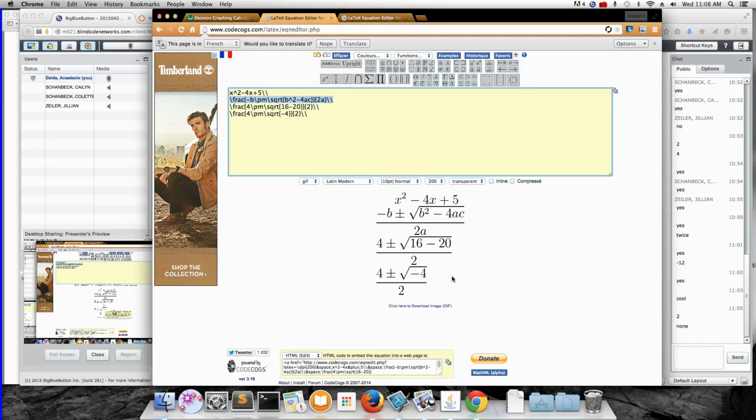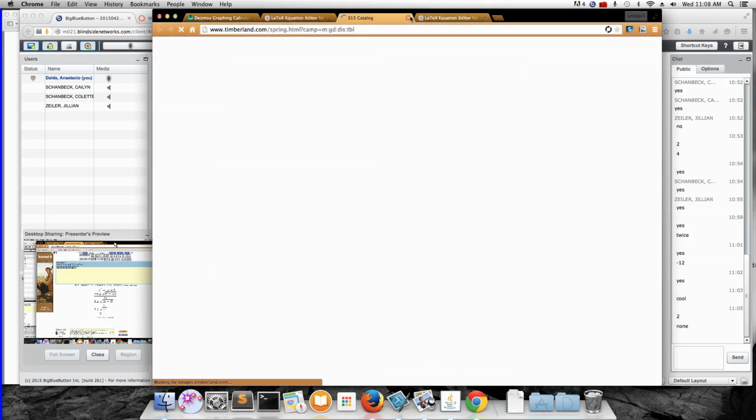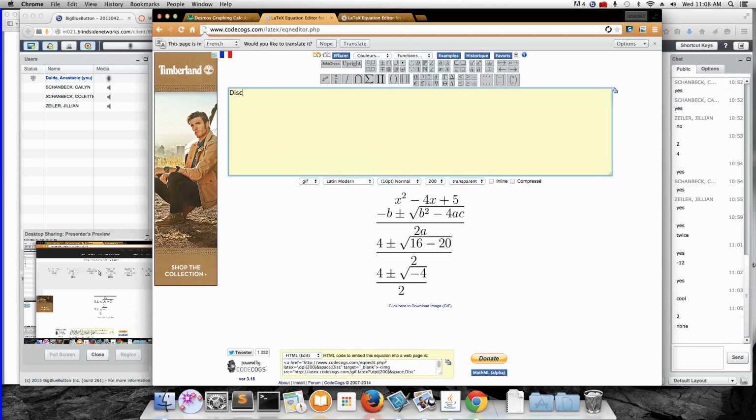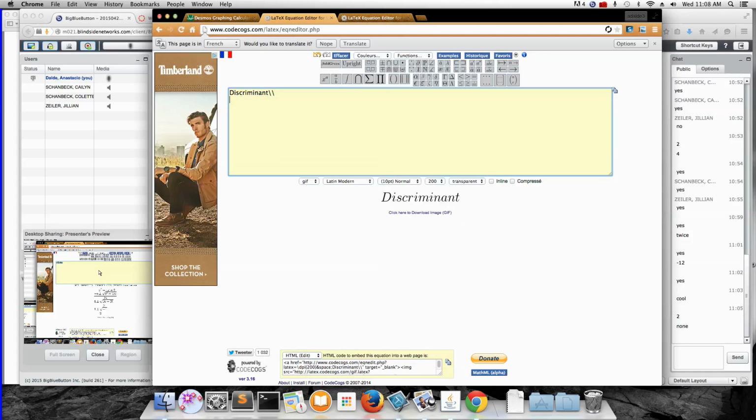So this b squared minus 4ac is important, and it's what we call the discriminant. I think that's how you spell it. It's b squared minus 4ac.